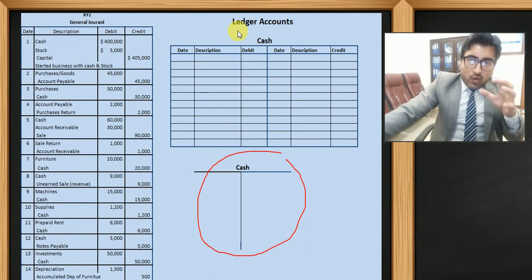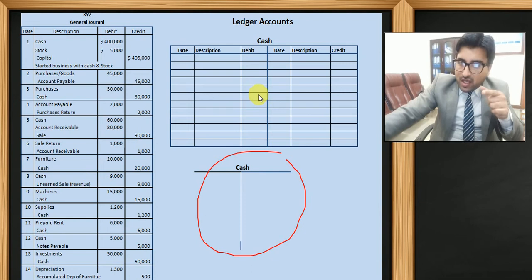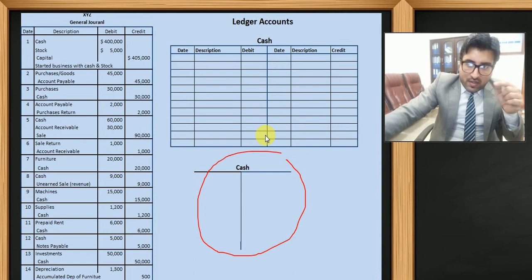Now you are learning how to post all transactions related to cash into this cash account. After this, we will create ledger accounts for all transactions using the T-shaped ledger account. For now, just to learn how to post transactions into this detailed format, look here.